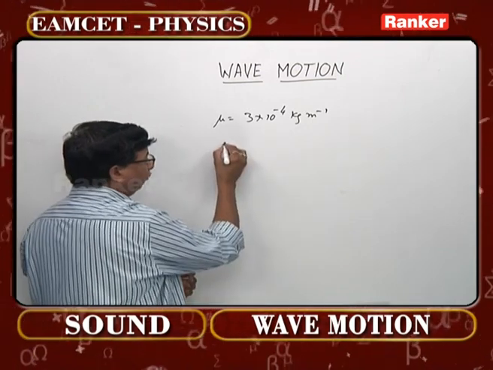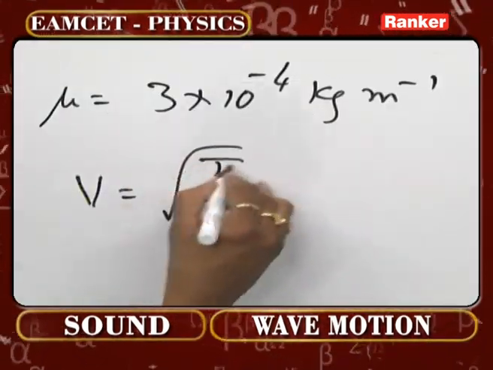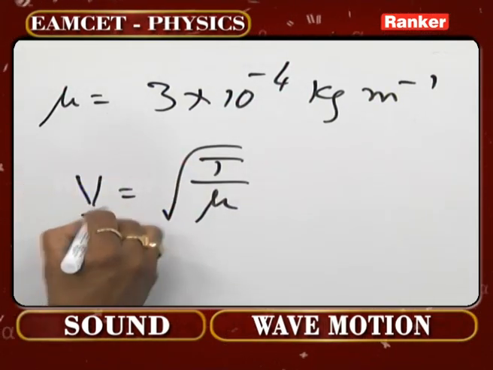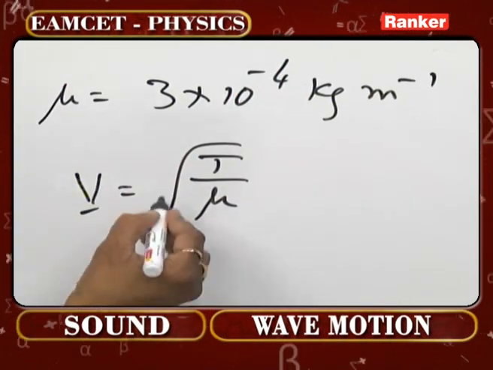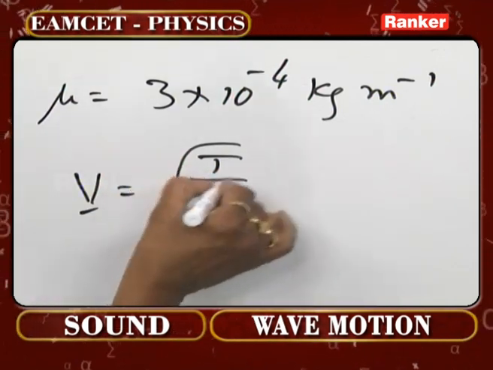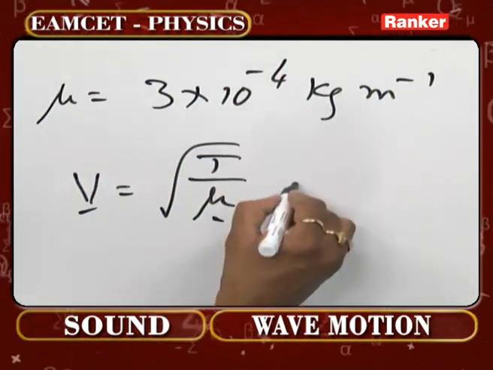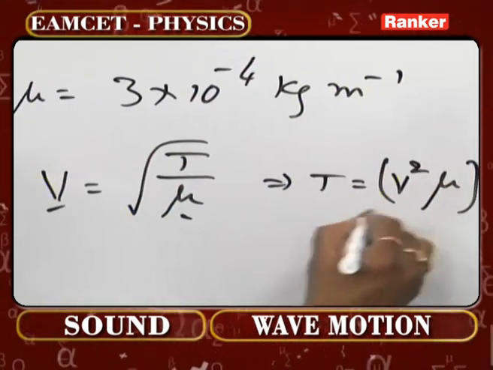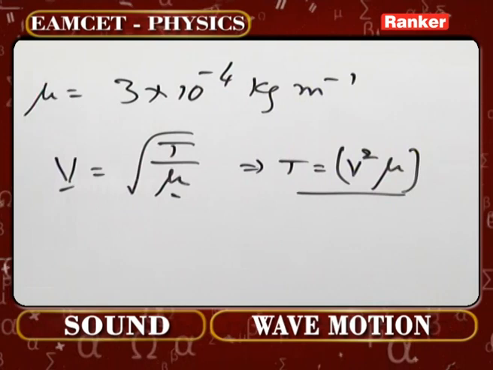Fine. But velocity is equal to root T by mu. Taking this formula, if you can calculate velocity by taking mu, you can estimate the value of T. So what is the T over here now? V square mu. That is the ultimate formula. But how to get V?